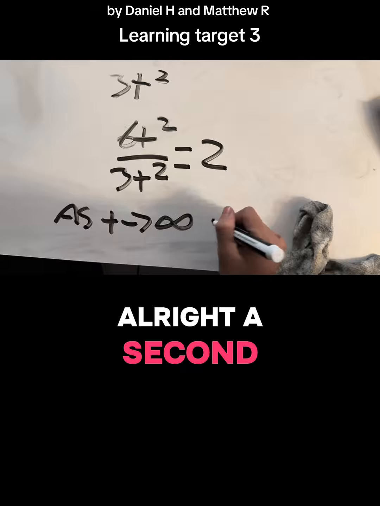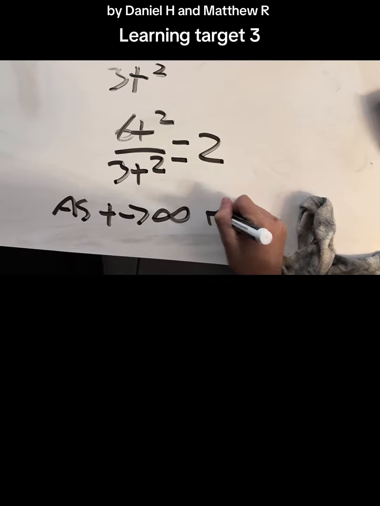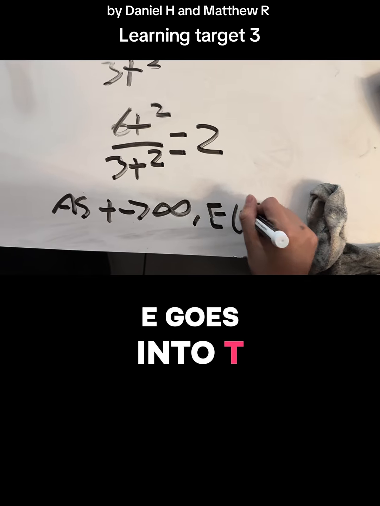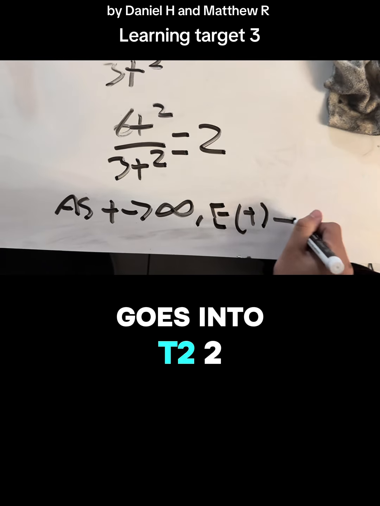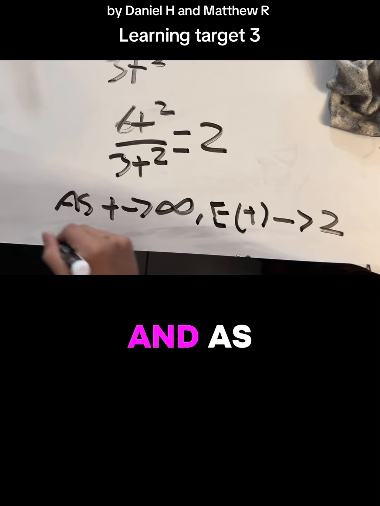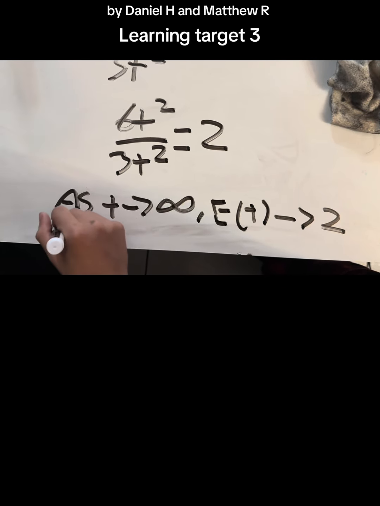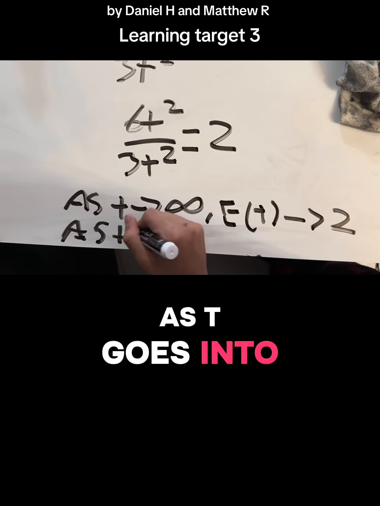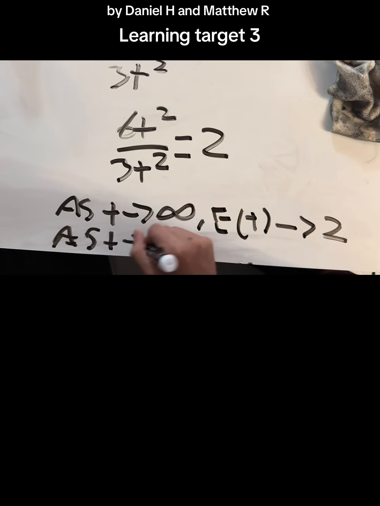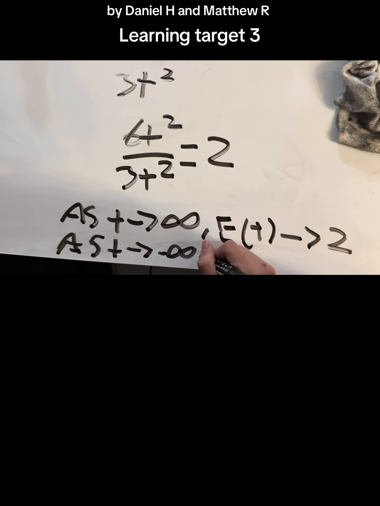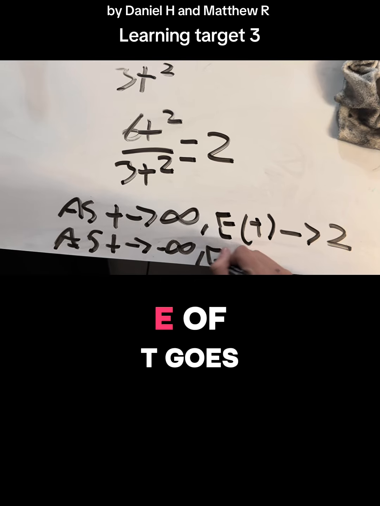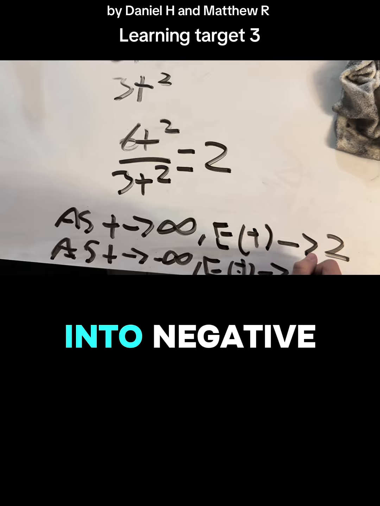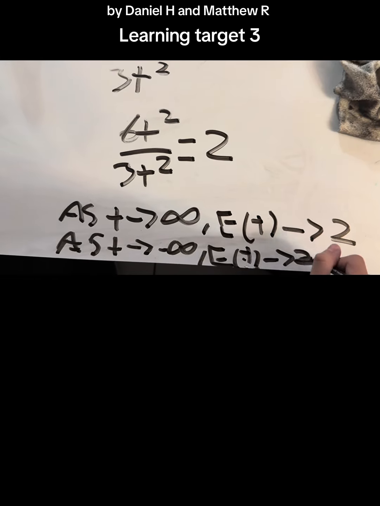And the end behavior will go like this. I'll write it in a second. As t goes to positive infinity, E of t goes to 2, and as t goes to negative infinity, E of t goes to 2.